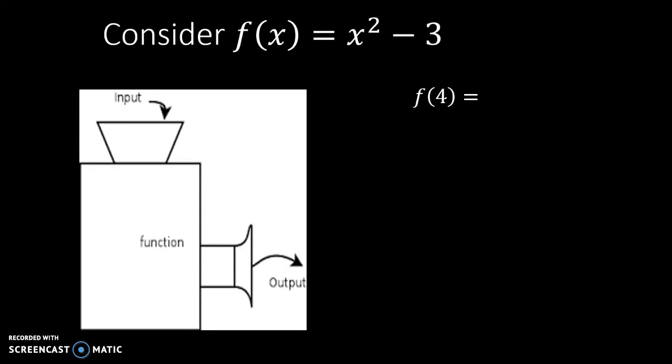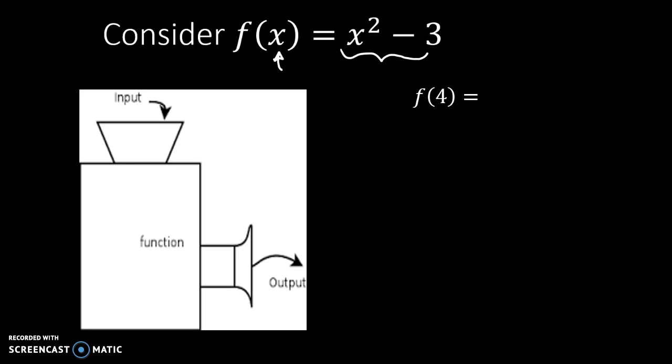We're going to think about the equation f of x equals x squared minus 3. The input is what we put into our function. So the input will be x. The output will be what we get when we put x in and we do a bunch of math. The bunch of math is the machine part of the function.